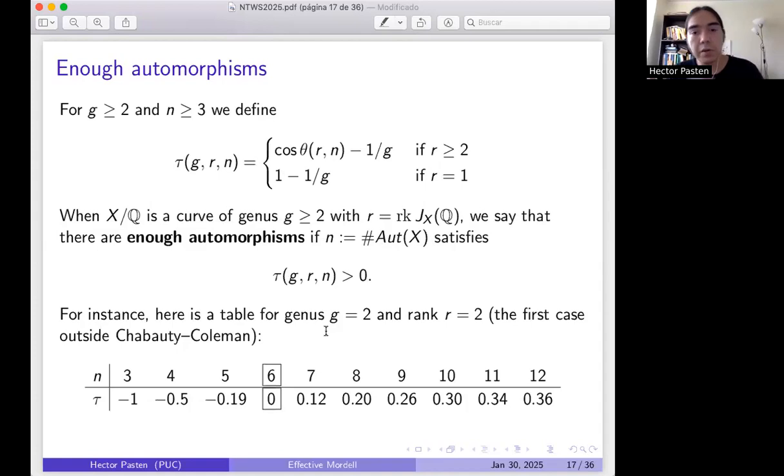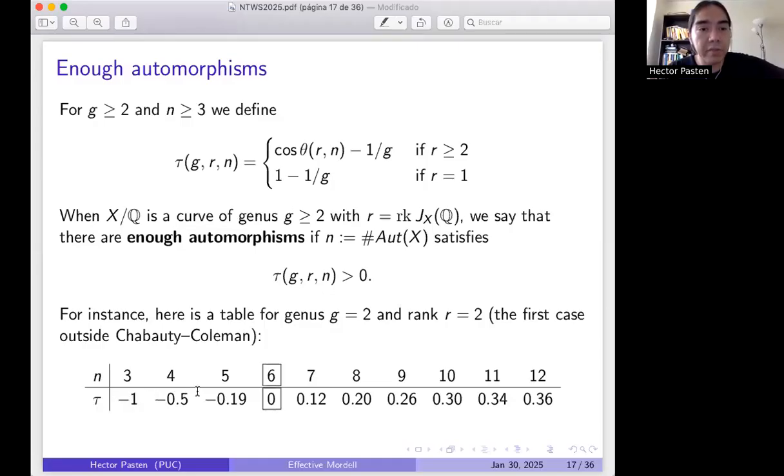So the definition may look a little messy, but you can compute everything here. For instance, what is the simplest case when the Chabauty-Coleman approach does not apply? Genus 2, rank 2, because then the rank hypothesis is not satisfied. And in this setting, I can vary the potential number of automorphisms of the curve and see what is the number tau.